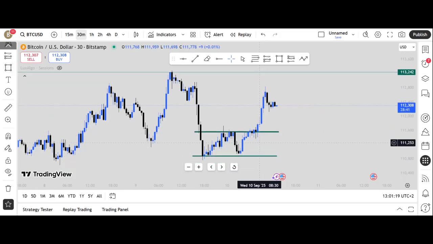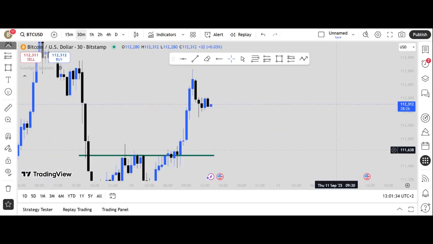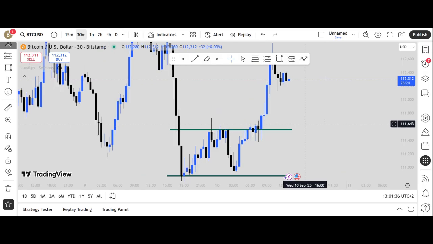So now you should take note that when price is ranging between these two levels, you don't take any trade. You only enter when price breaks either above or below, according to the direction of the market, whether it's bullish or bearish.